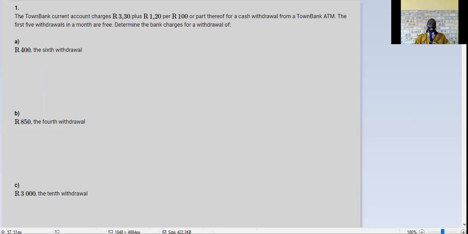And the statement is that the Town Bank current account charges 3.3 rands plus 1.20 for every 100 rand which is withdrawn. So that means if you withdraw only 100 rand, then you will pay in charges what? 3.3 plus 1.2.